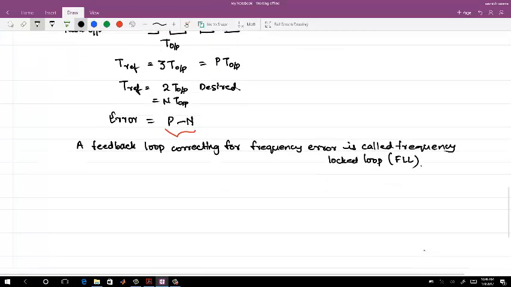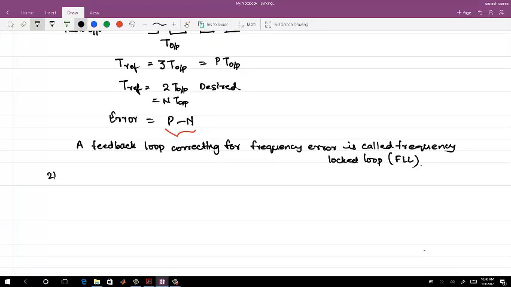Now the second case is, let's say I have the oscillator output. So this is the oscillator output, and somehow after doing this FLL kind of thing, I got the exact frequency I wanted, which is actually twice the, okay, this period is slightly different.